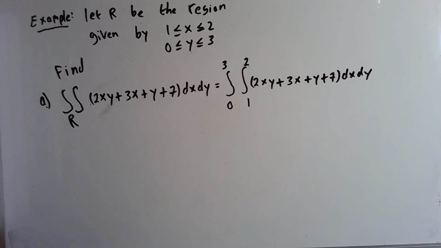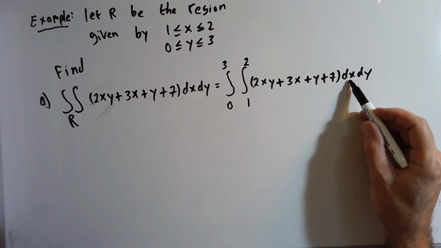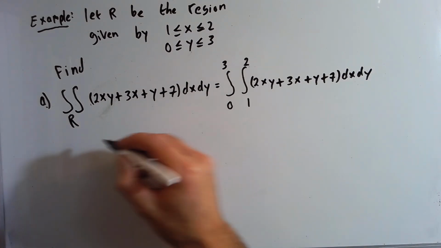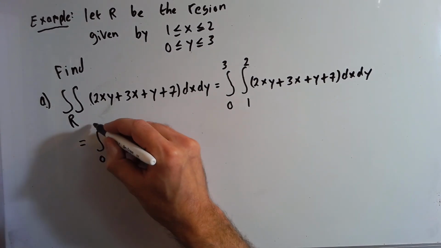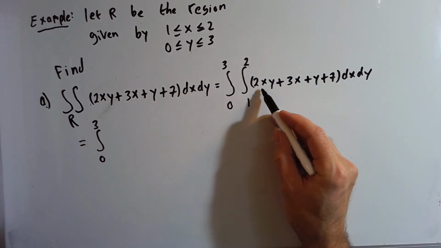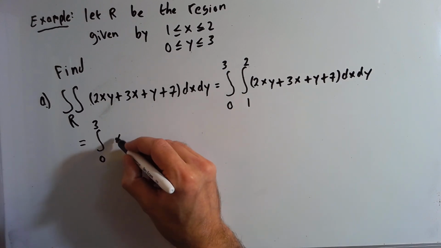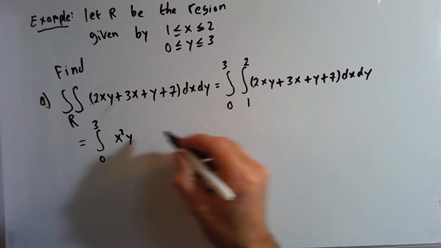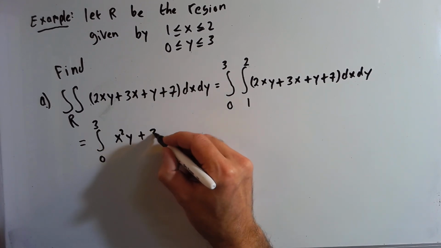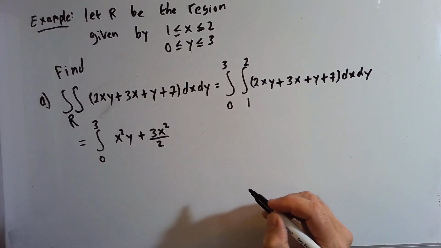Okay, so dx means integrate with respect to x. We're going to treat the y as a constant. So let's do that first. This will equal the integral 0 to 3. Integrating 2xy gives x squared y, integrating 3x gives 3x squared over 2.